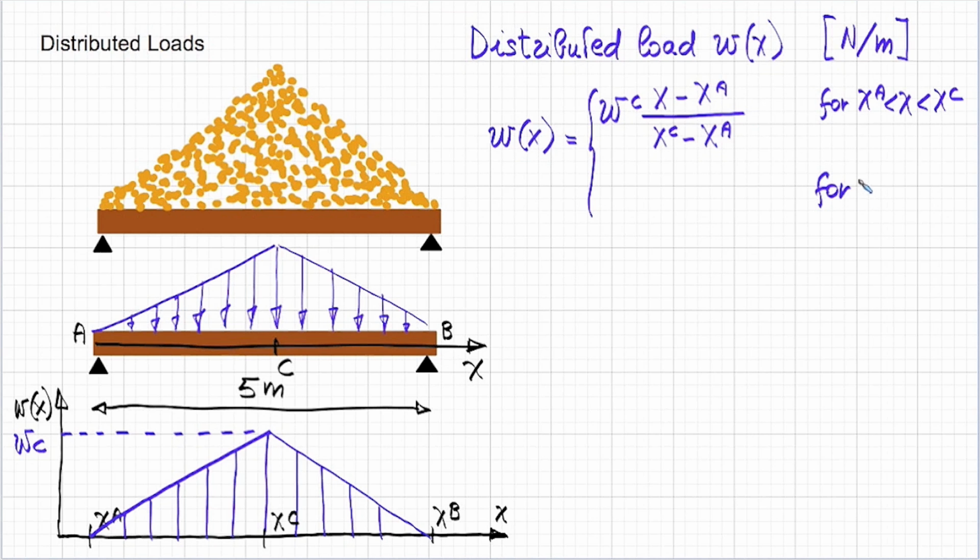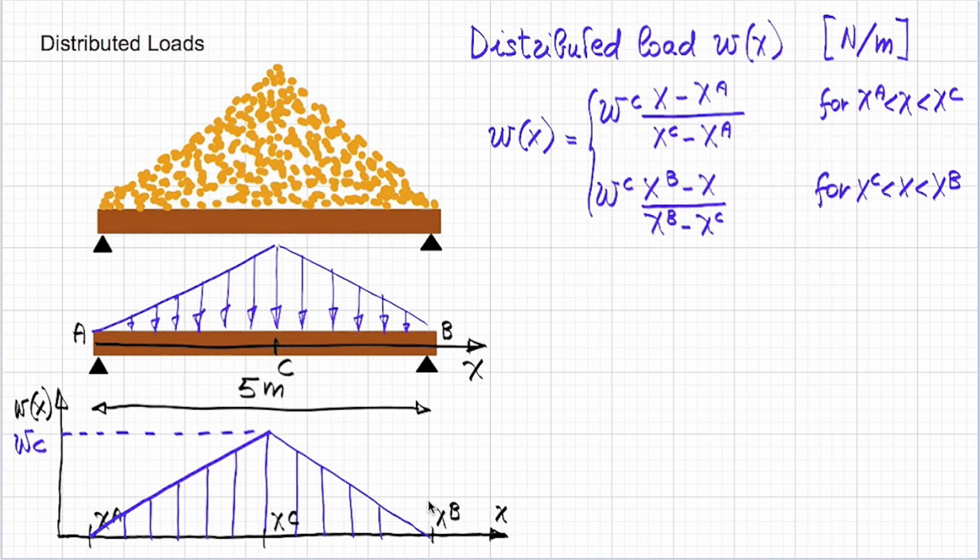Now on the other side, when x is between xc and xb, then w of x is going to be again wc, but now it's going to multiply xb minus x over xb minus xc. Because we see that with this kind of function, the function is linear but decreasing with x. It is 0 when x is equal to xb, and is wc when x is equal to xc. So this is going to be our w of x.